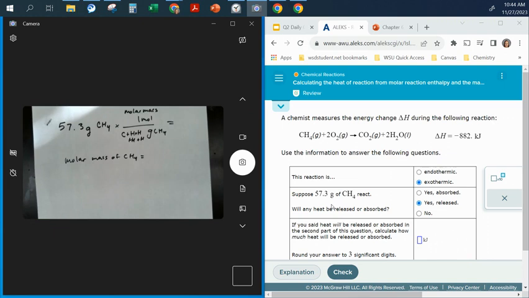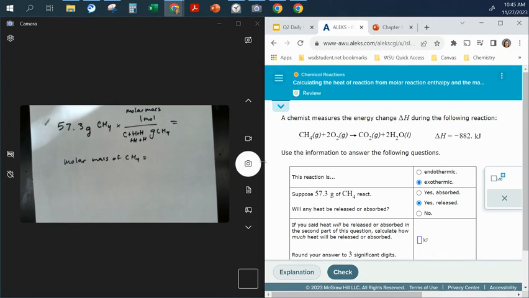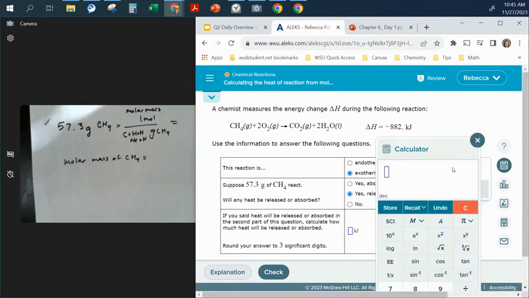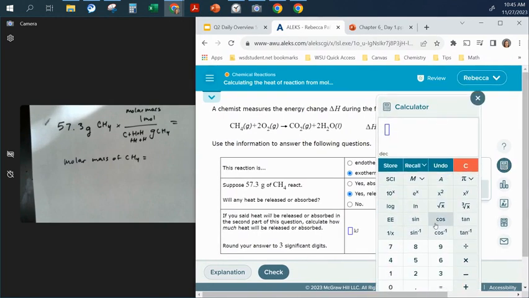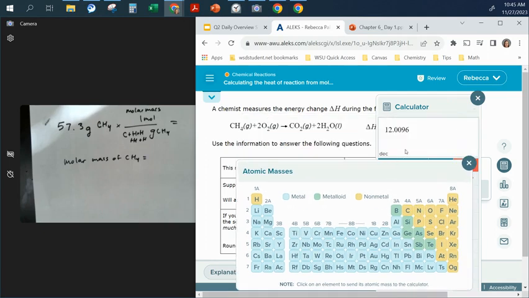So I'm going to use my Alex calculator. I just need to slide this over. So I need to figure out how many grams of methane before I have a mole. Let me find, I need 1 carbon, and then I need 4 hydrogens.